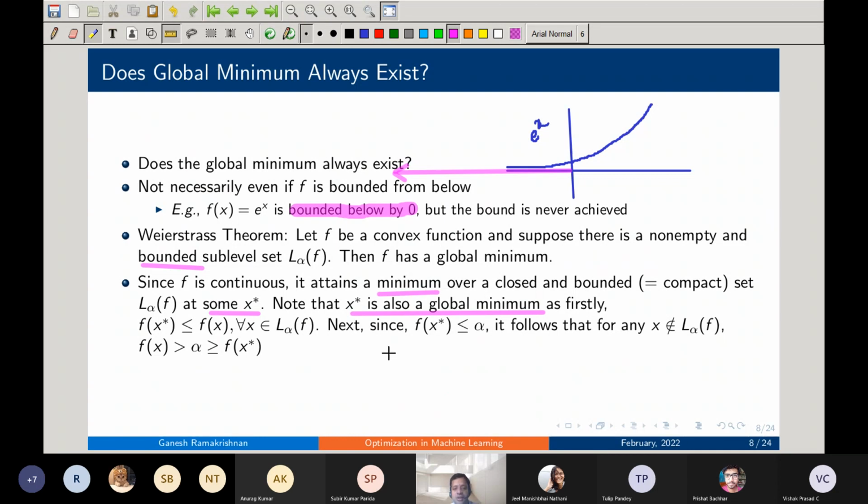And in general, I'll just try and sketch this. So this is the case we are talking about, that there is some boundary. This is a set of the points x.